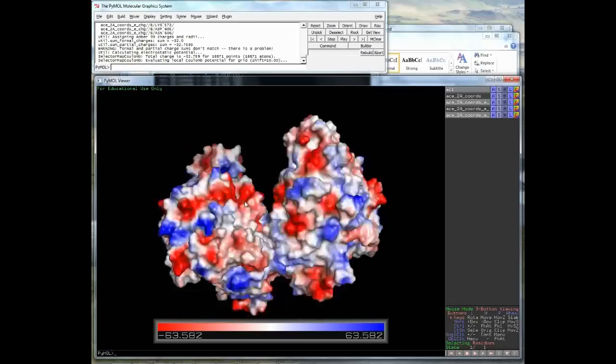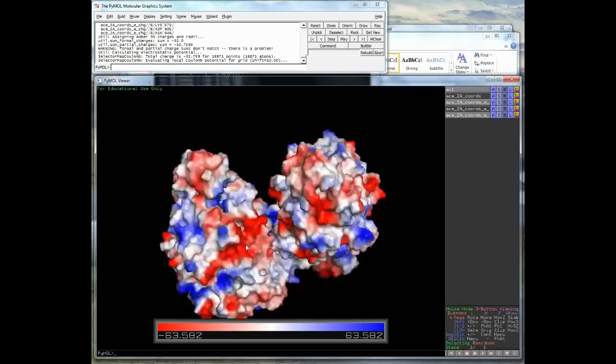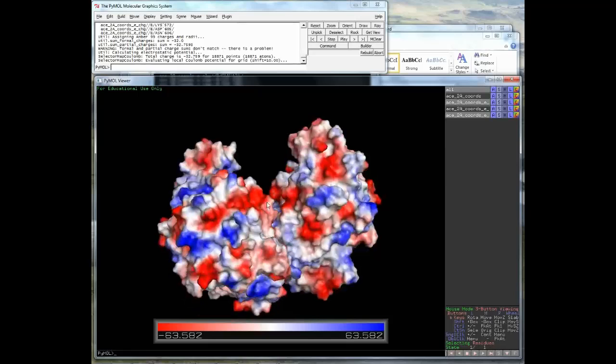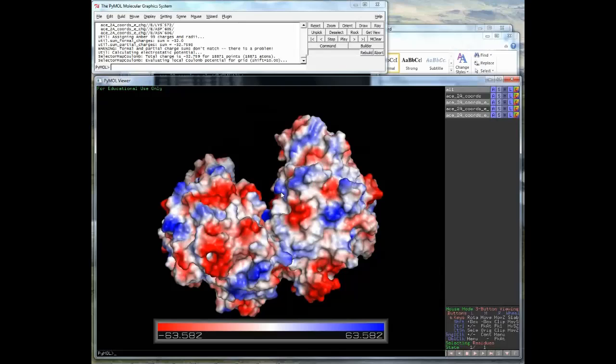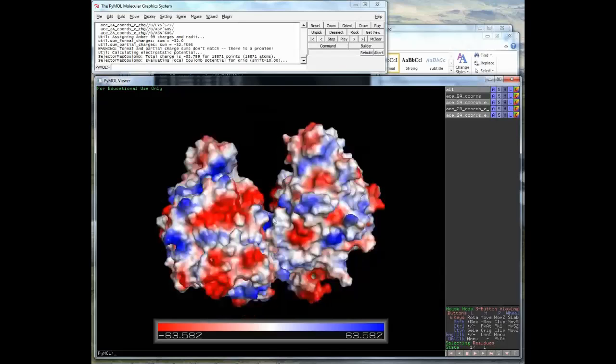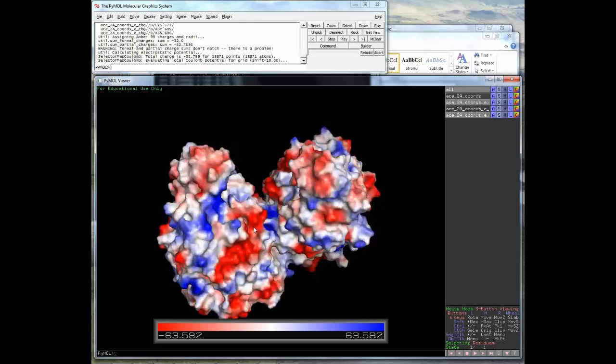So this is another surface, coloured by charge, and it's an approximate calculation. It's not gospel, but it's quite helpful. So maybe if you think you've got a positively charged ligand that might fit in a negative pocket, then you would look for a red patch like this on your protein.